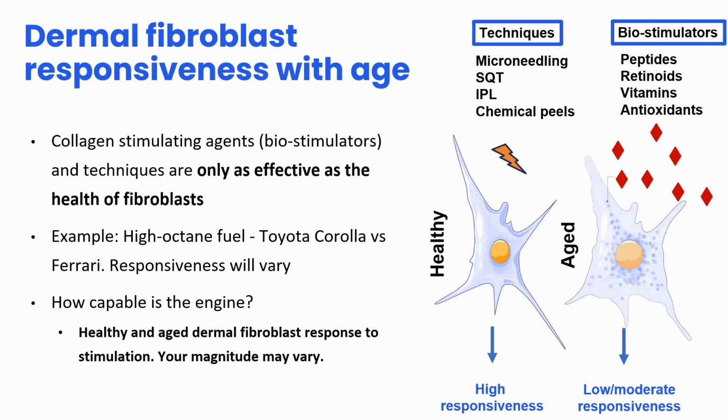So I use the analogy, it's like using high octane fuel. If you apply high octane fuel to a Toyota Corolla versus a Ferrari, you're going to get a very different response. In other words, someone who has healthy fibroblasts may respond very well to these certain techniques, all these biostimulators.